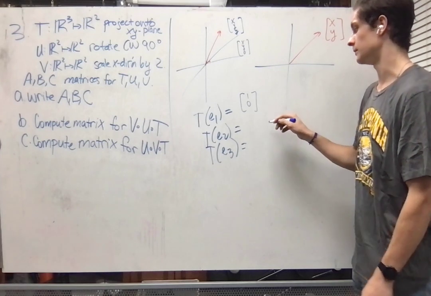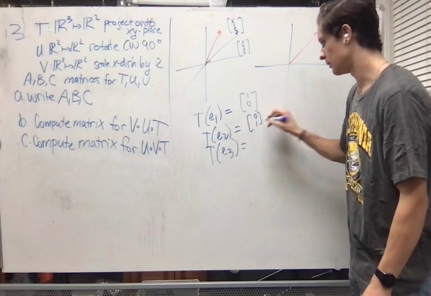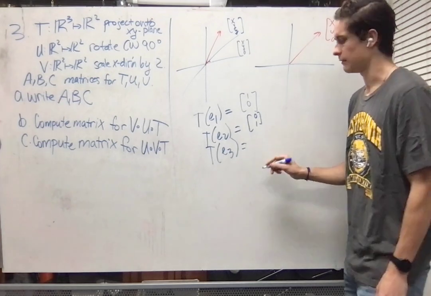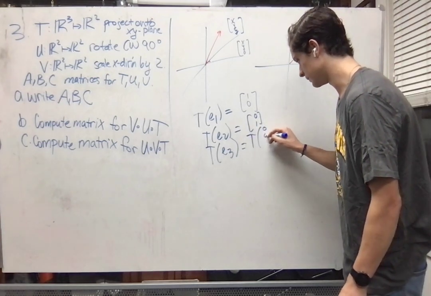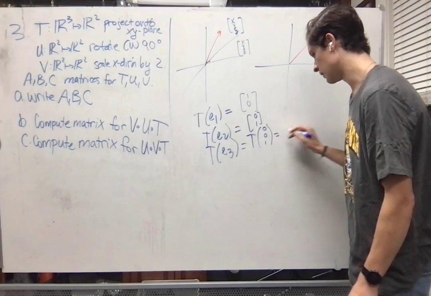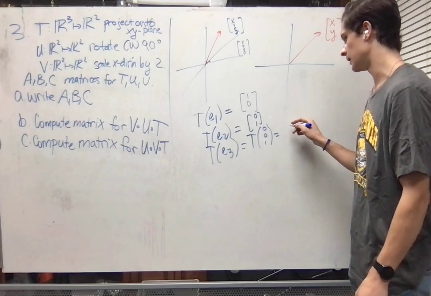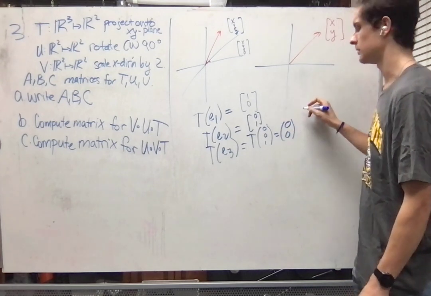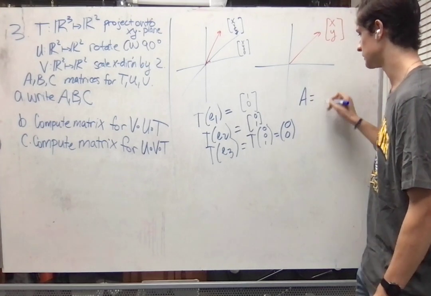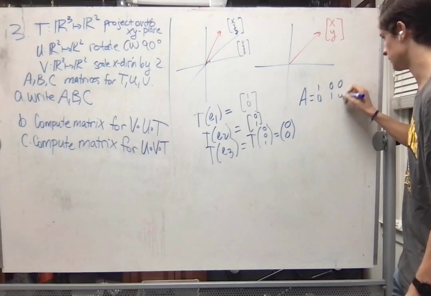So T of E2 is going to be 0, 1. Now T of E3 is not as obvious, but T of E3, remember, is T of 0, 0, 1. And we basically just dropped the third component entirely, so T of E3 is just going to be 0, 0. So that means that A is 1, 0, 0, 1, 0, 0.